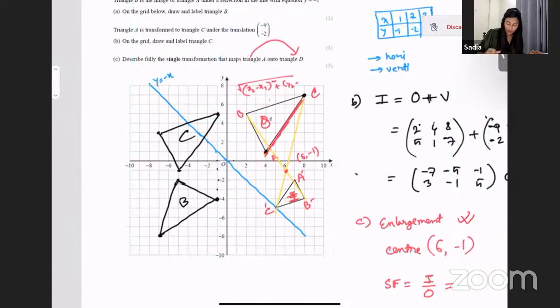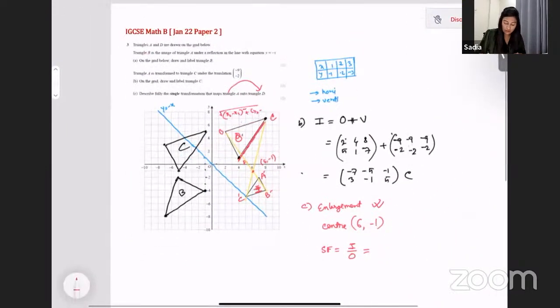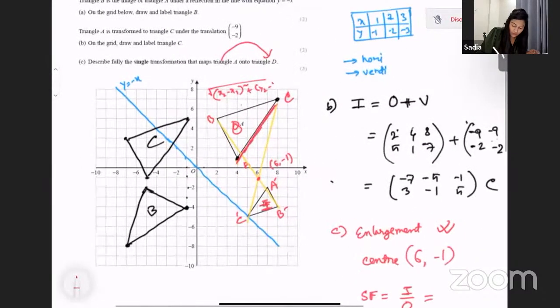So if you want to calculate the distance using this formula, since you know the coordinates of A and C, you can always calculate this distance AC, which will be 2 root 13. And if you calculate A prime C prime, it will be root 13.